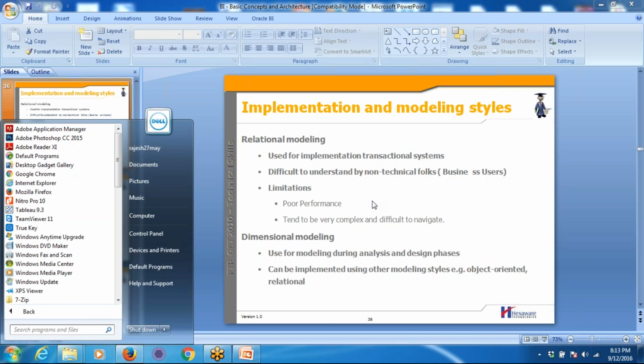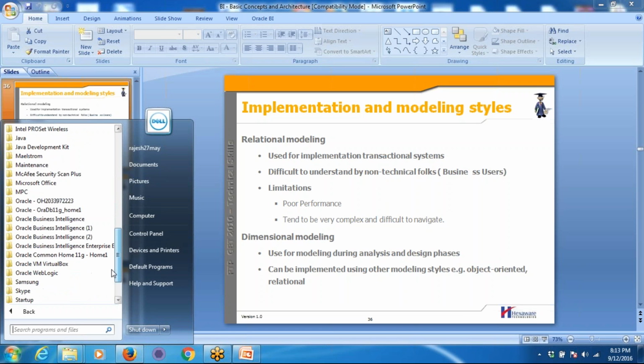That means business users have a dependency on the IT team to create reports from these transactional systems. Business users will not be in a position to create their own reports because it is very difficult for them to understand the transactional schema.